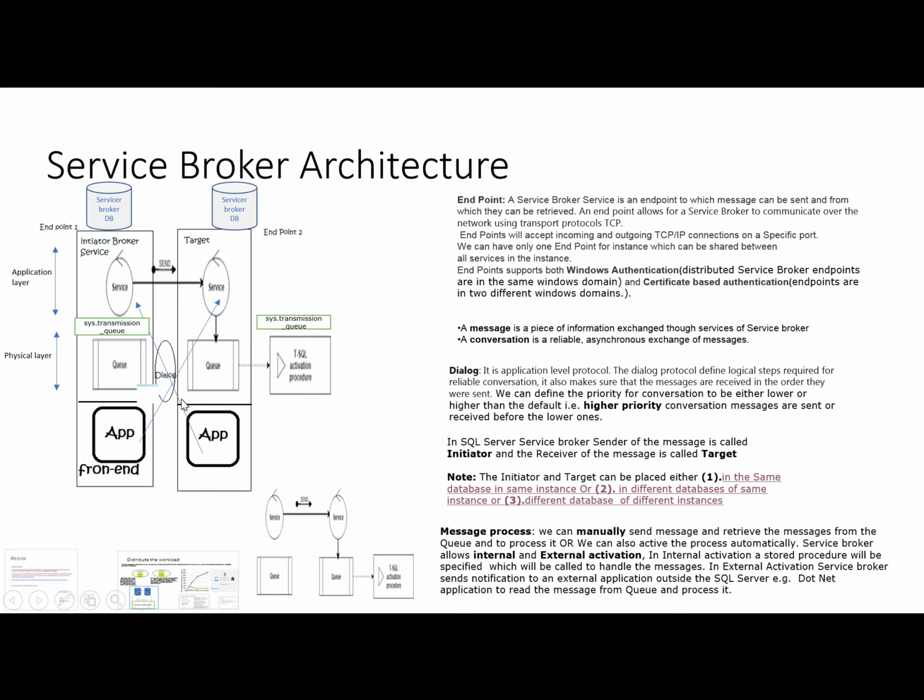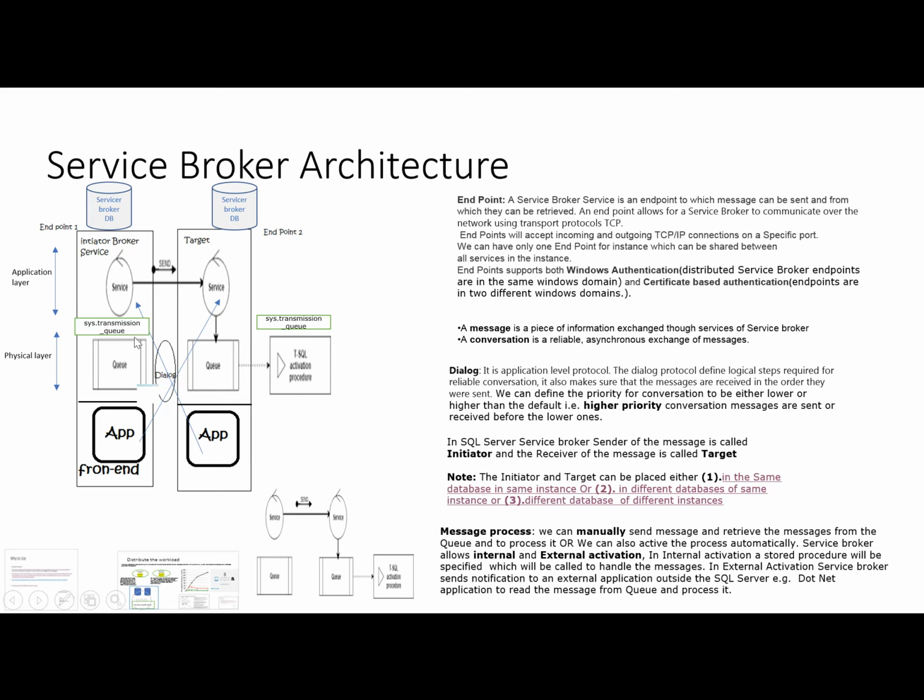For this conversation, we need a protocol which is known as the dialog protocol, and this is an application level protocol. This protocol defines the logical steps for reliable conversation, and it will also make sure that the messages which are sent by the initiator should be received in the same order at the target service, unless any priority is defined. We can define the priority for this conversation also.